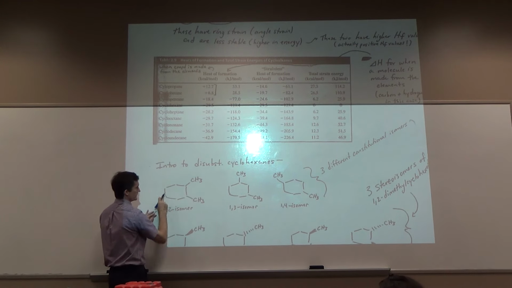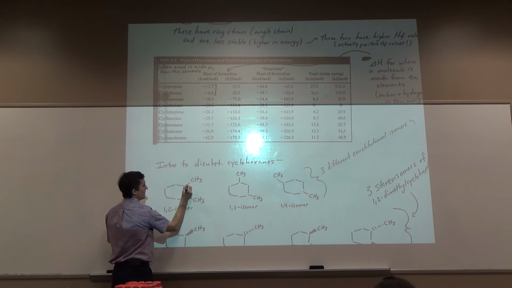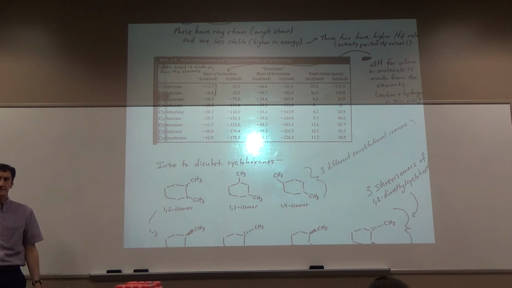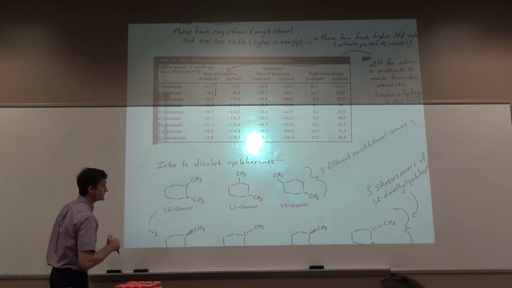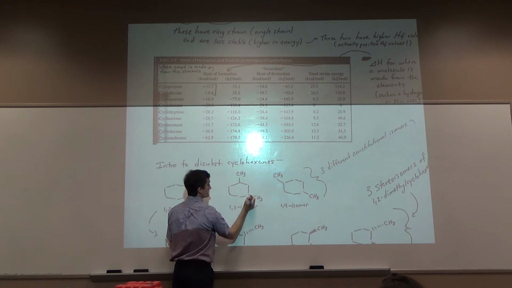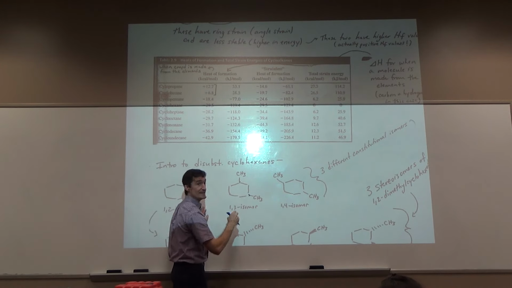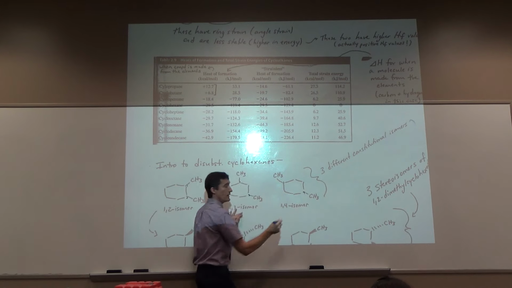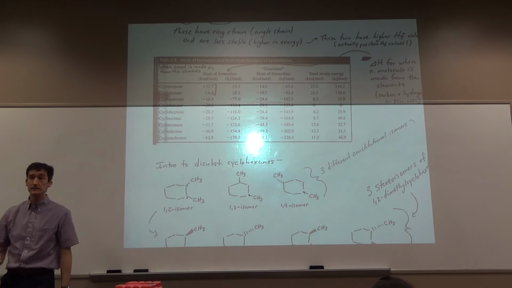The first methyl is position one, so this would be 1,2 dimethyl cyclohexane. Well, what would this be? 1,3 dimethyl cyclohexane. And this would be 1,4 dimethyl cyclohexane.